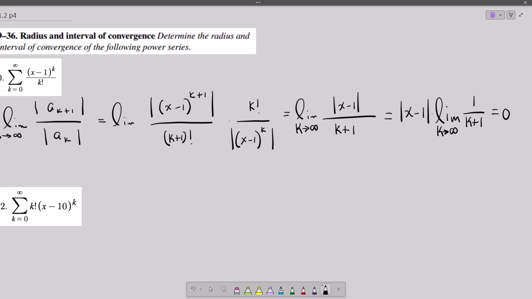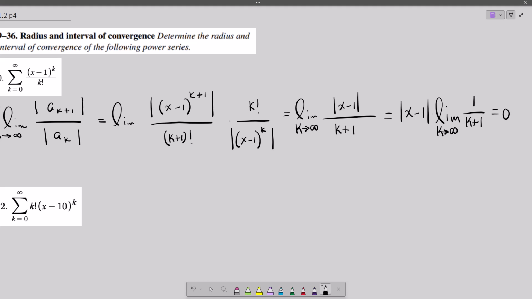So now we ask ourselves, just like in chapter 10, ratio test, root test, geometric series. Those three are linked forever. If the value of the limit is less than 1, we have convergence. So this tells us no matter what x you plug in, if you plug in 2 million or minus 2 million, it does not matter.